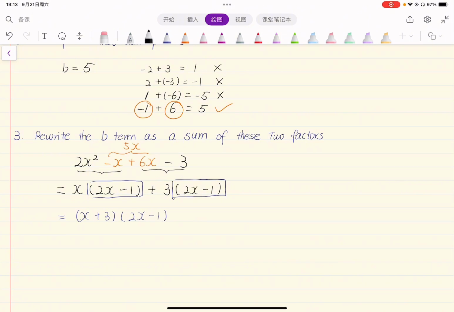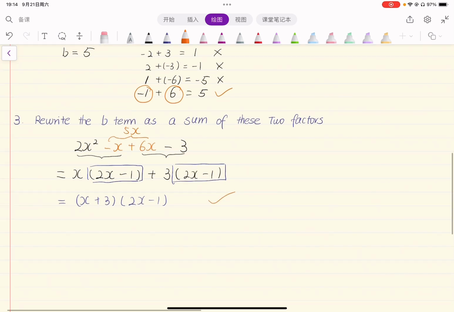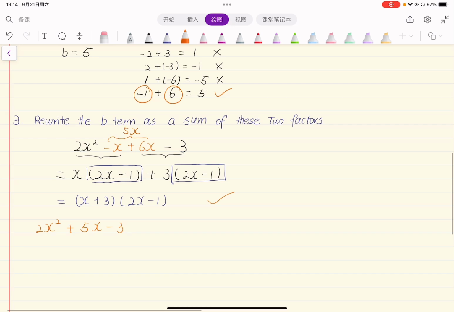So that is our answer. So 2x squared plus 5x minus 3, we factorize, we get (x plus 3) times (2x minus 1).